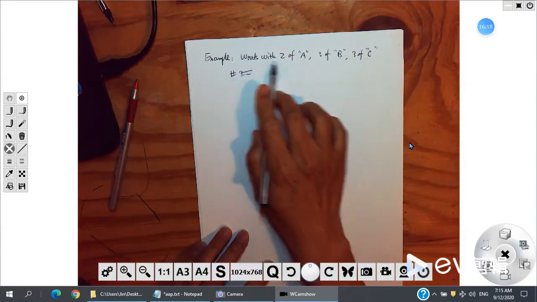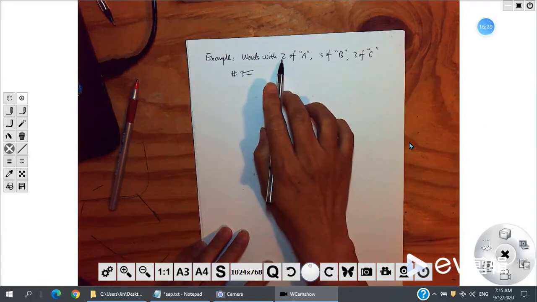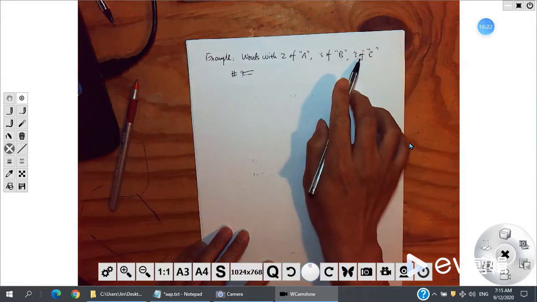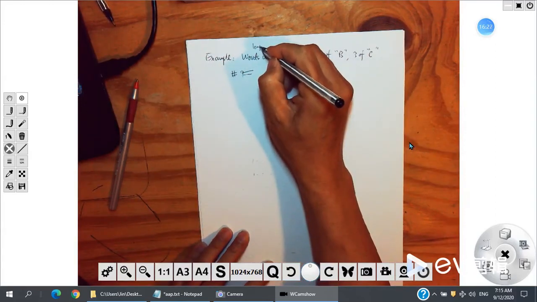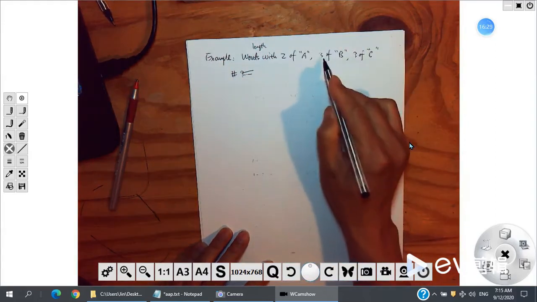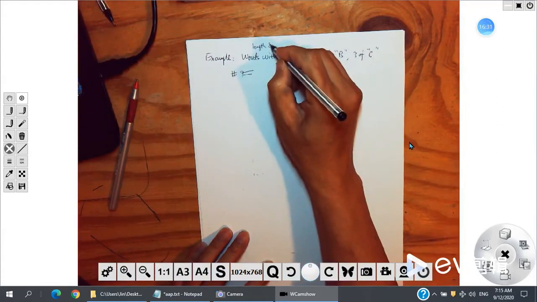How many words have 2 of A, 3 of B, and 3 of C? The total length of the word is 2 plus 3 plus 3, which is 8 letters.